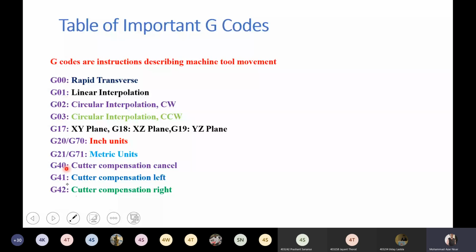It means the radius of the tool, as I explained before, that we have to take the reference. Suppose one reference of the tool is taken for workpiece 0.